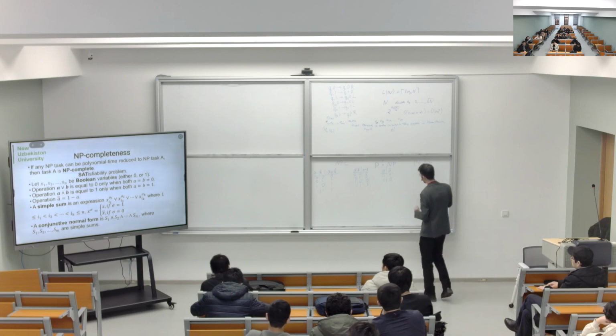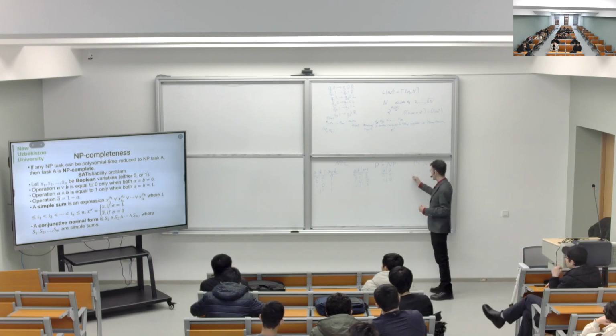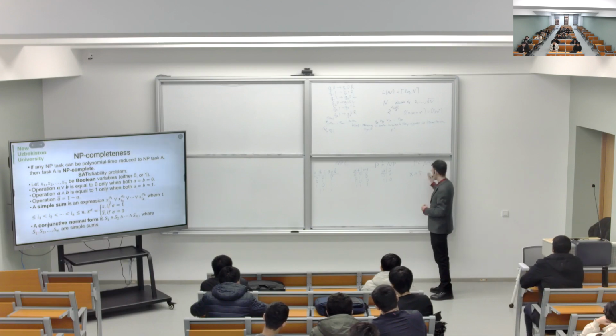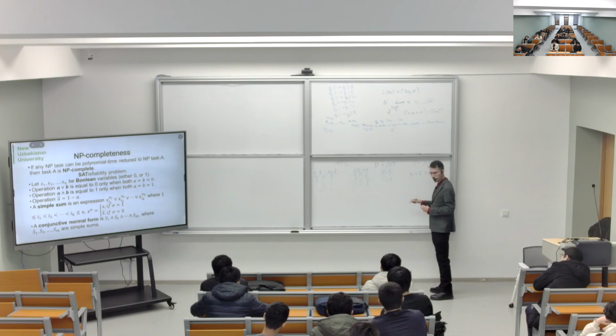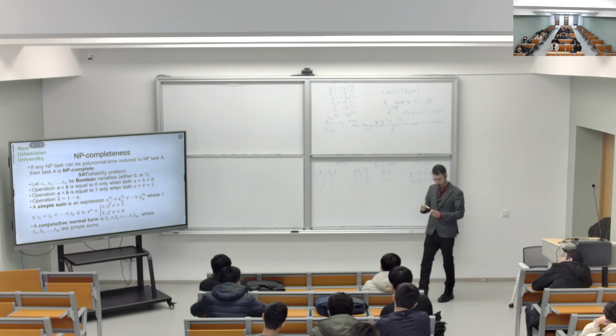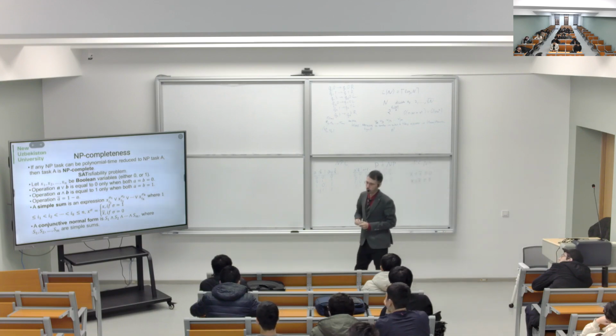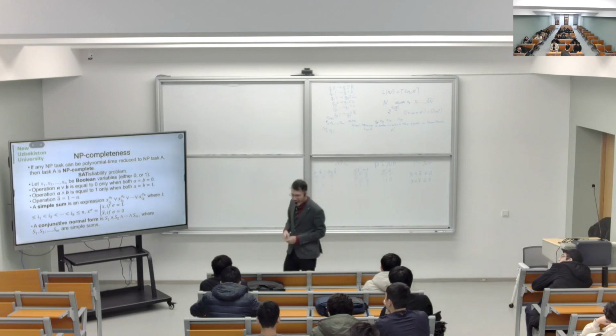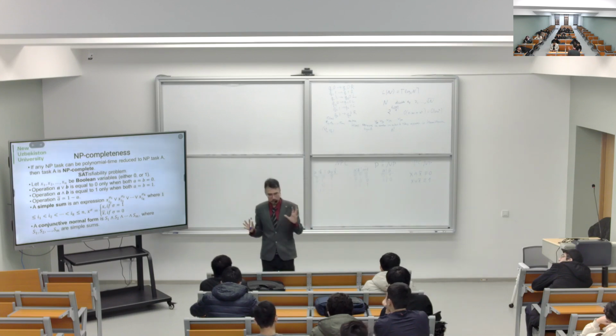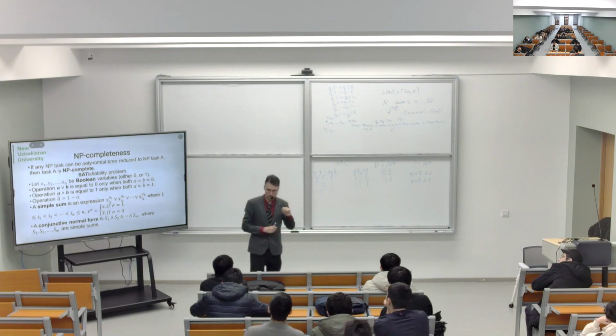Let's say we want to represent 0. Then we take x and not x. This will always be equal to 0. If we take x or not x, it will always be equal to 1. So we represented 0 and 1, and we can represent any function using these three operations.